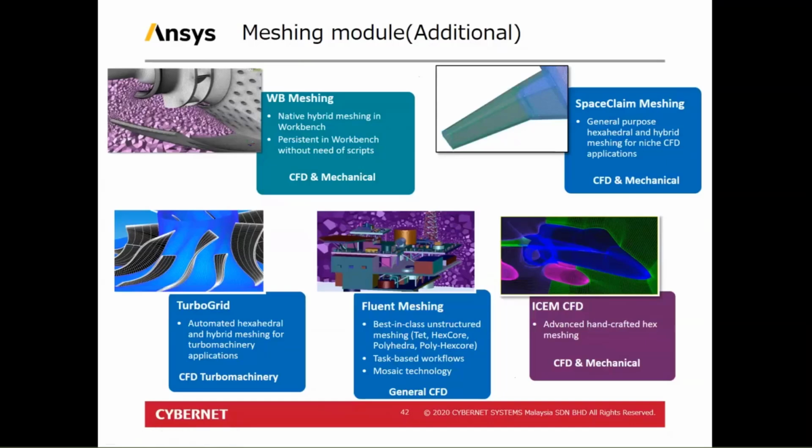If you already have experience using Ansys Workbench meshing for other kinds of simulation, like mechanical simulation, then in this case, I think Ansys Workbench meshing would be a good choice for you.